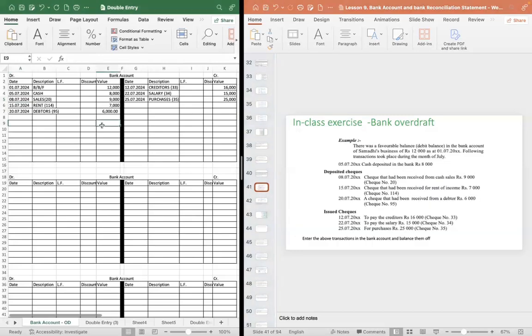So we shall see what is the balance in the account.